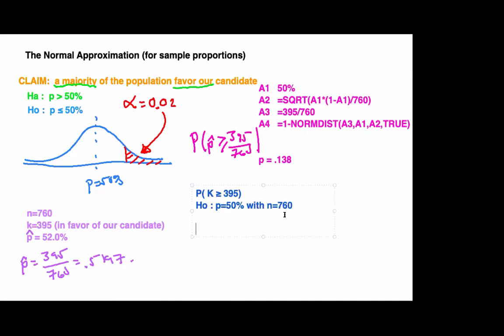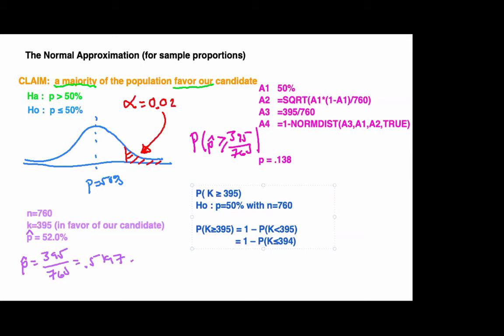So again, we know that the probability of k greater than or equal to 395 is the same thing as 1 minus the probability of k less than 395. Which in turn, because k has to be a whole number, is 1 minus the probability that k is less than or equal to 394. And that's where these problems get a little tricky.